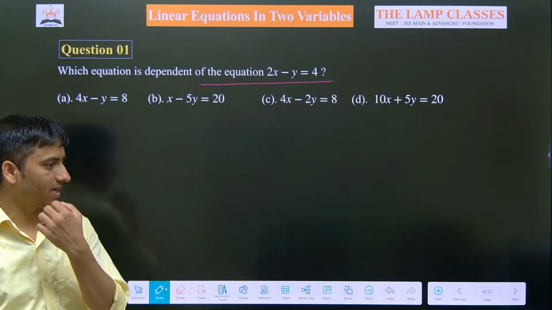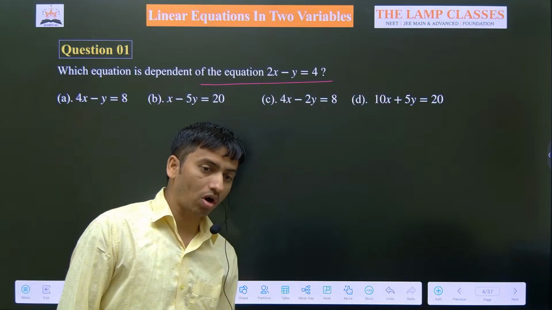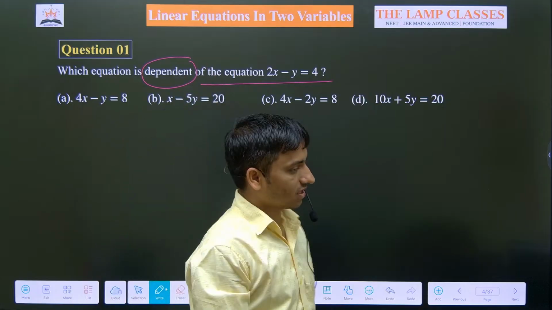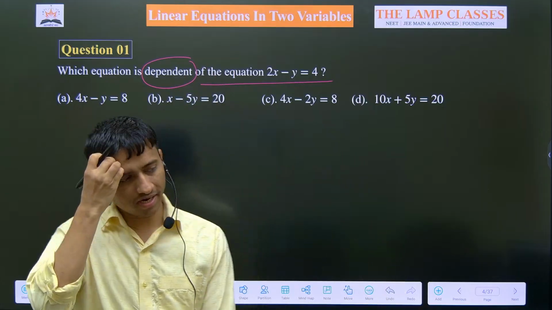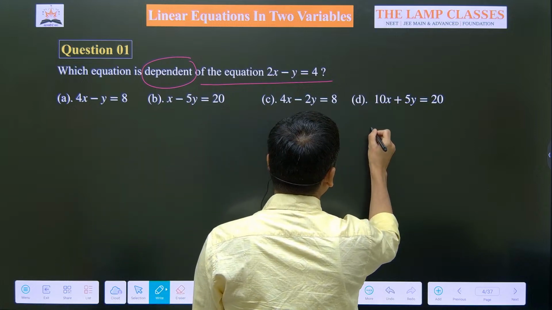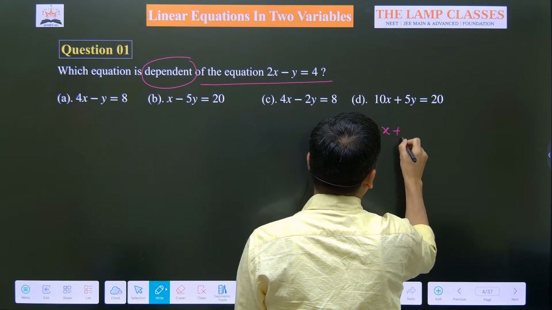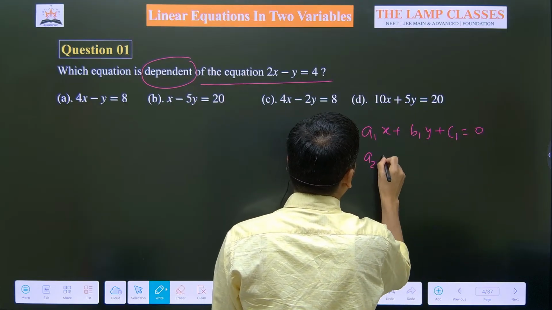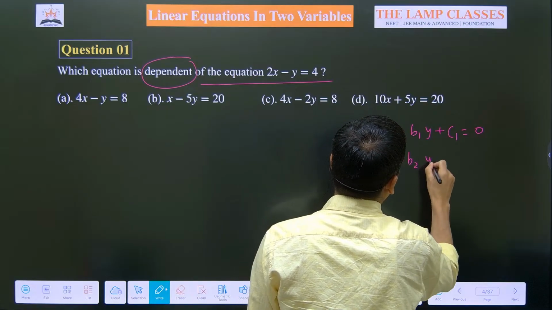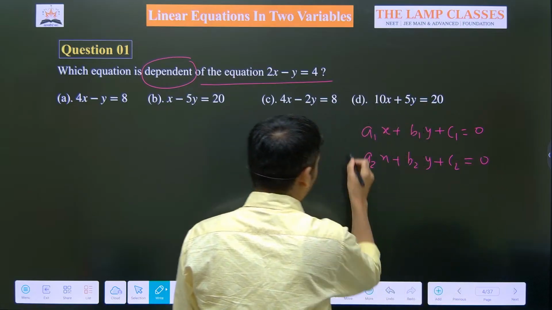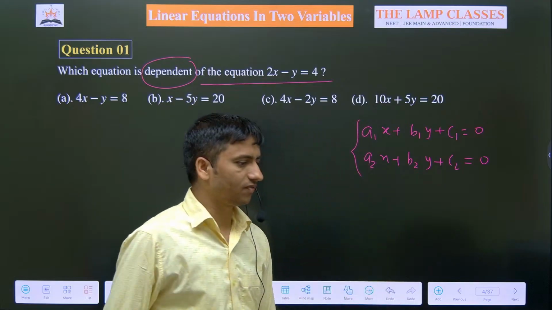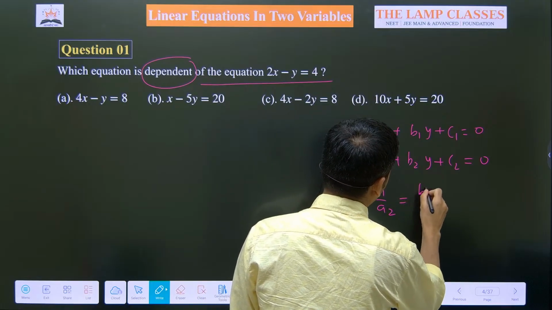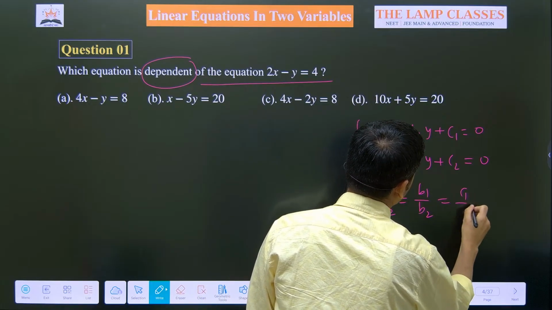So there is a concept you might have learned. Two equations are called dependent. It means both the equations coincide with each other. They should coincide, and we know that two linear equations, a1x plus b1y plus c1 equal to 0 and a2x plus b2y plus c2 equal to 0 are dependent, or have infinitely many solutions, if a1 upon a2 is equal to b1 upon b2 is equal to c1 upon c2.